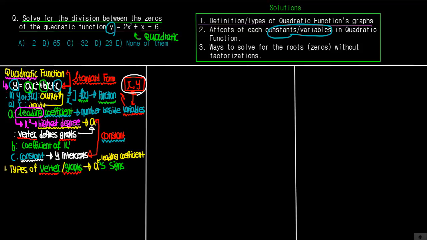So people might think that there can be two cases of our vertex and graph types. The reason is because they are going to be defined by our a's sign. What are the signs? There are two types of signs.